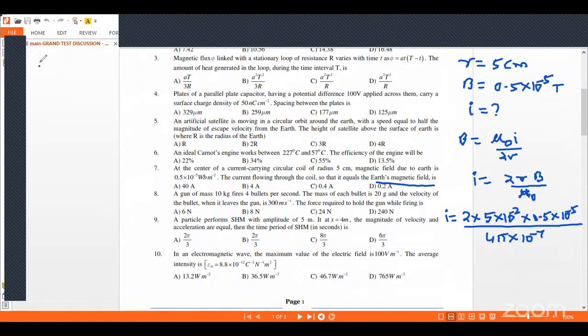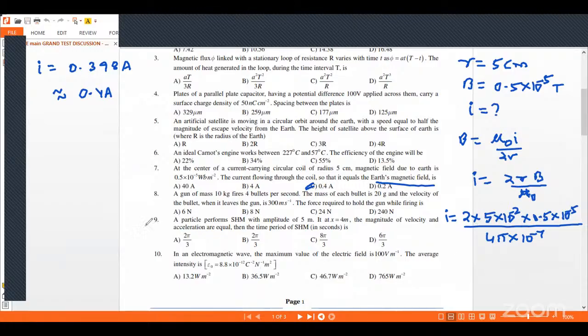Upon calculation, we'll get I equal to 0.398 ampere, approximately 0.4 ampere. You can see the calculations. 2 into 0.5 means 1.